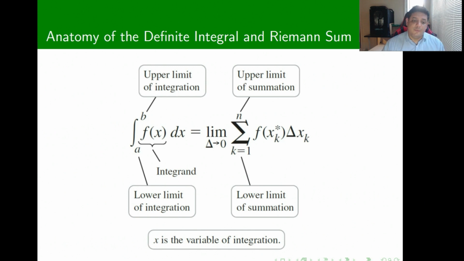The function f of x is the function that we want to integrate, or get the antiderivative of. And dx just tells me what variable we're integrating with respect to. On the other hand, this is equal to the limit as the width of the subintervals goes to 0, or the number of subintervals goes to infinity, of the Riemann sum from k equals 1 to n of f of xk star times delta xk.